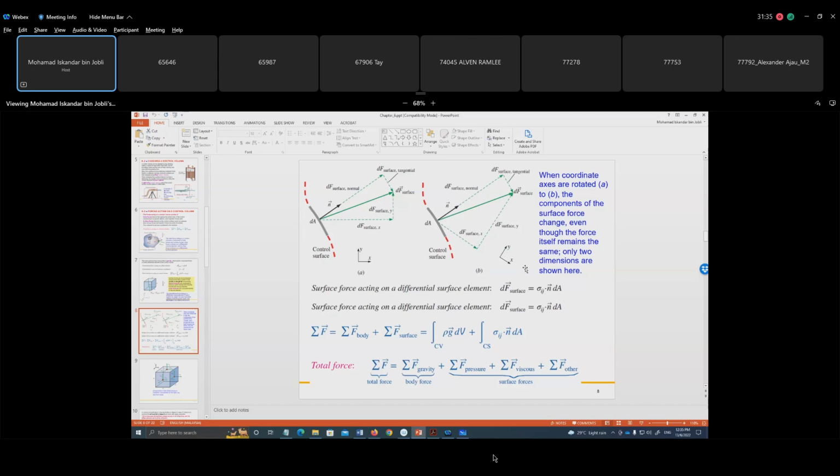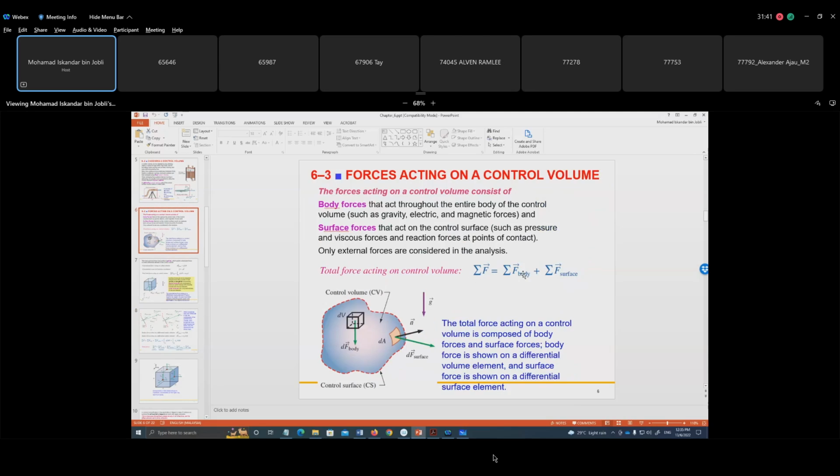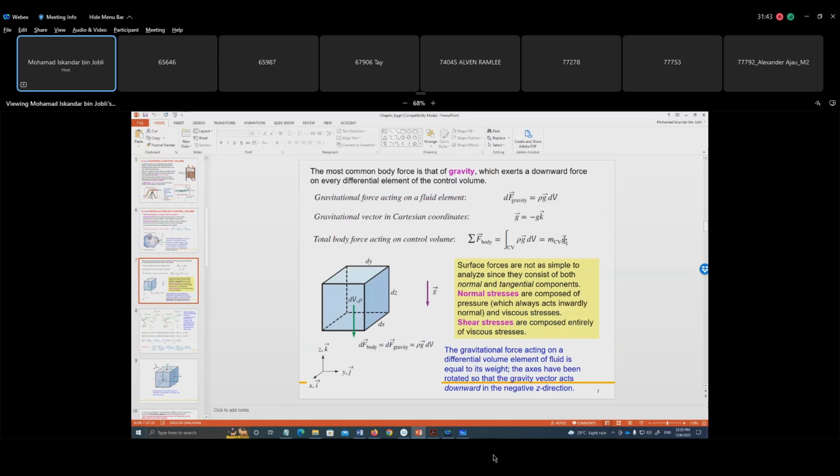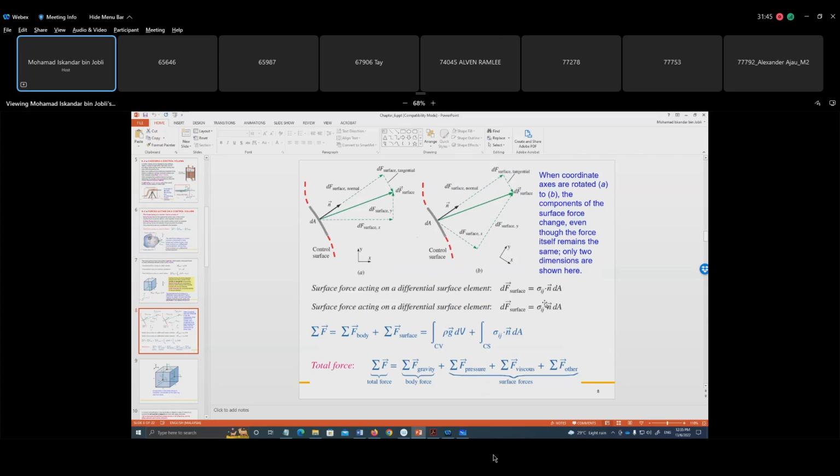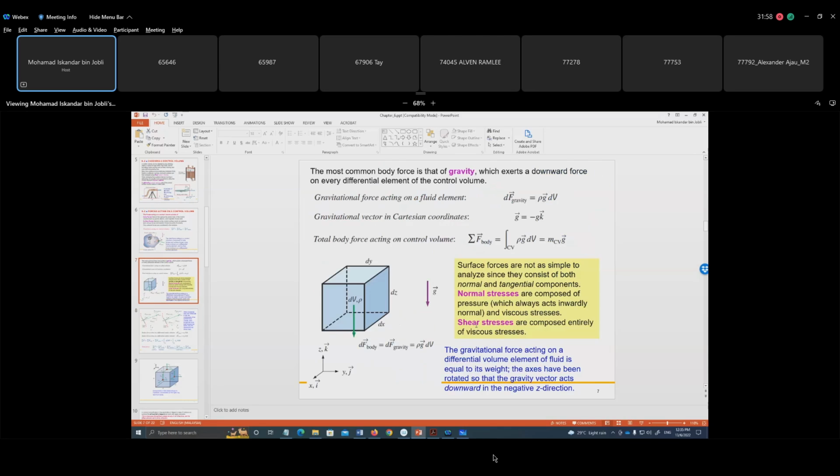So if you were to put them back into this equation, we study the body. This is the force of the body, and this is the surface. If you study this, the surface force is given by the differential surface. This depends on the normal stress, shear stress, and so on.